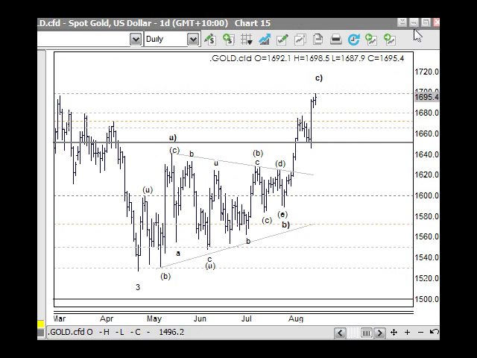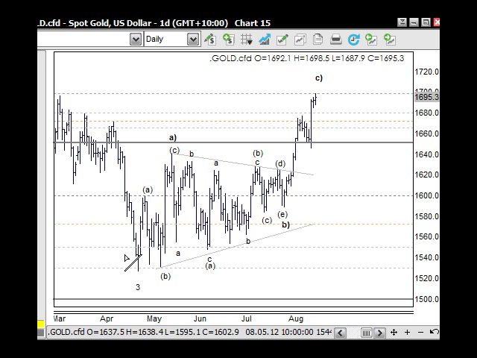So that said, the gold market here, we're looking for this move up through here, and we're looking at this in terms of an A and a B over here as a triangle through here, and then a C wave up through here. There's normally equality in these things, so we can say from the A wave here, if we took that there to the E wave there of the same sort of length.